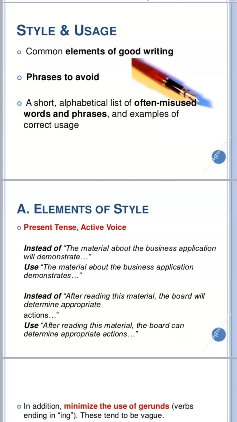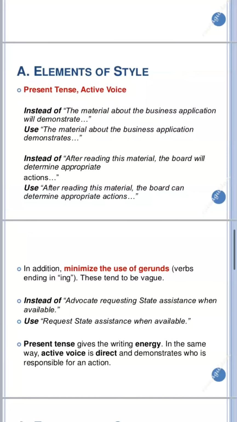Okay, then the next one: if we are going to talk about style and usage, we also have to put focus on elements of style in your technical writing. We have to focus on those elements very clearly, because as much as the rest of the things are important, your perfect use of language is important as well.